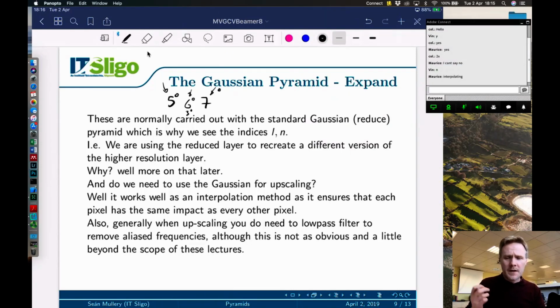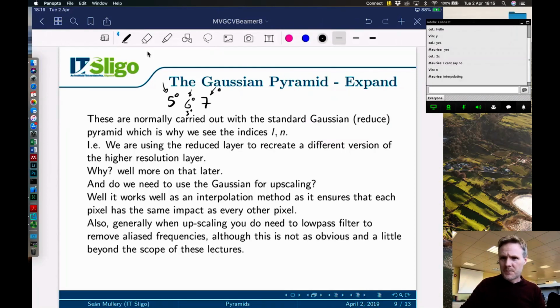Secondly, and again, I'm not going to go into too much detail, generally when you're upscaling, you do need to low pass to remove aliased frequencies, although this is not as obvious and a little beyond the scope of these lectures. When you take a signal and try to make twice as many samples from it, you now have a new sampling frequency.